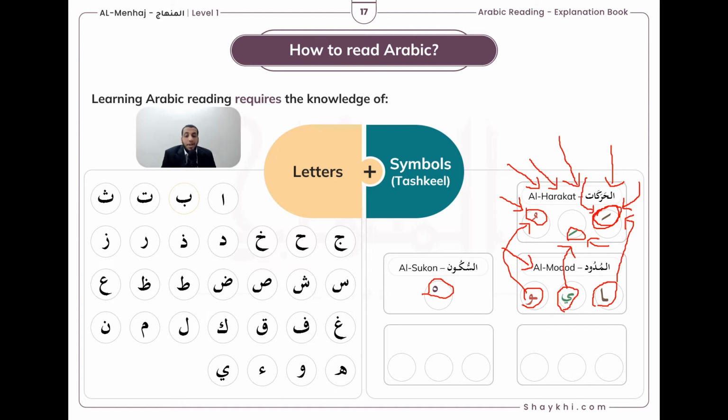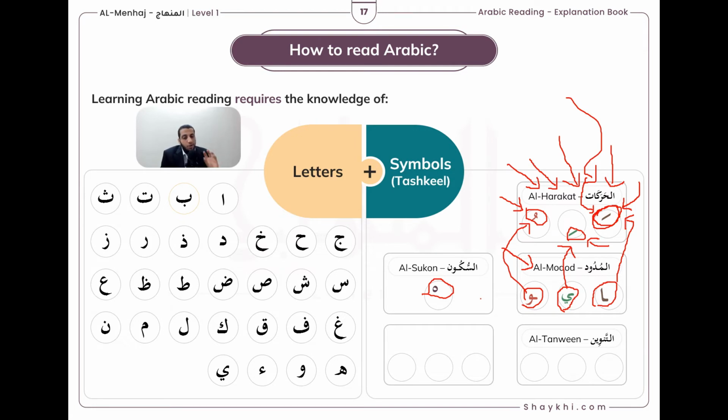So let's discover the next category, which is al-tanween. Al-tanween means adding what? Adding a short vowel sound. Remember al-harakat, adding a short vowel sound, and what? An n sound to the letter.